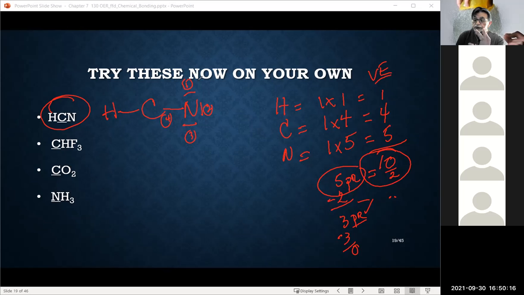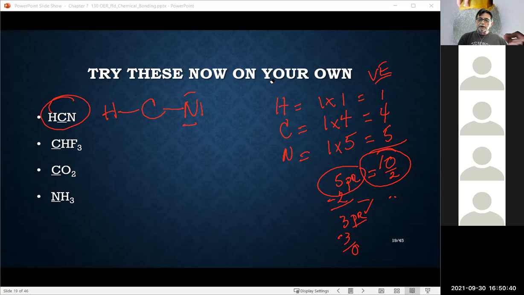Each line represents 2 electrons, which means I have 8 electrons around nitrogen, which means that nitrogen's happy. You know, as they use the term for the octet, they're happy. Yeah, I'll stick with the term happy. To me, nitrogen is stable because it's got 8 electrons around it.